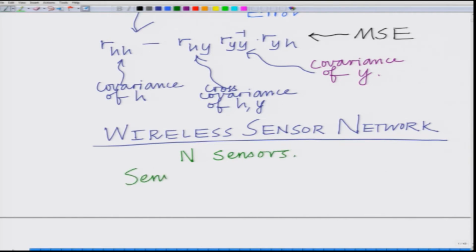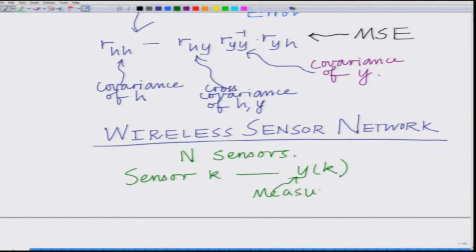Sensor k sends the measurement y of k. This is the measurement y of k, correct.